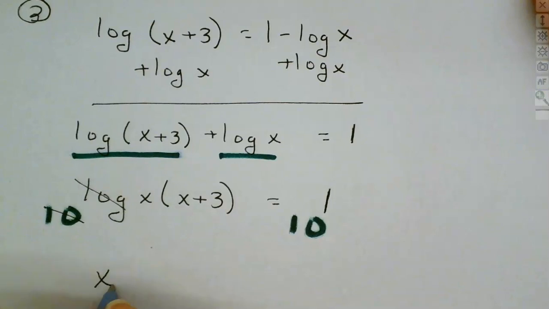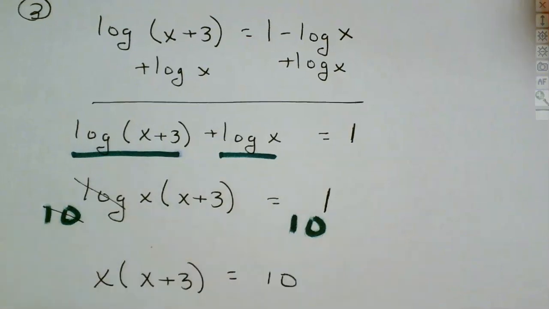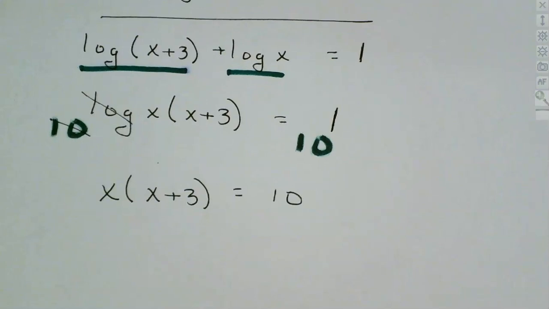Now that leaves you then with x times x plus 3. And what about 10 to the first power? 10. Now the logarithms are all gone, and now we can proceed to work with this equation. So what would we need to do?